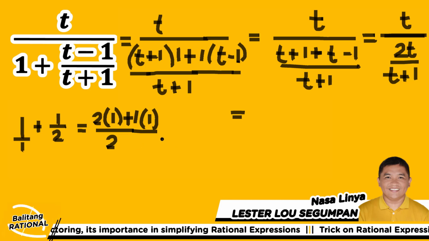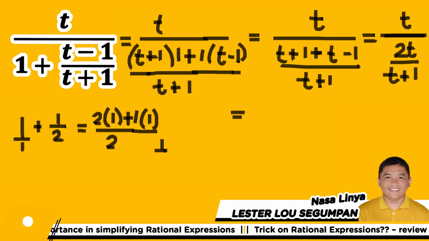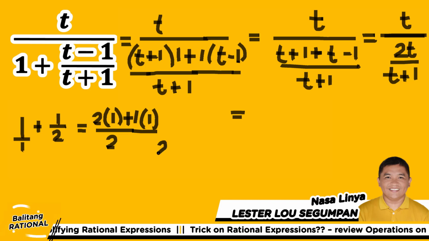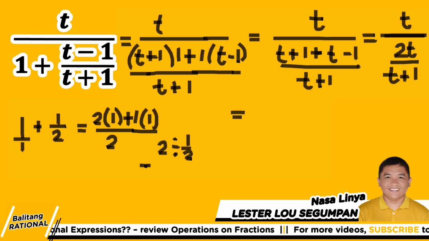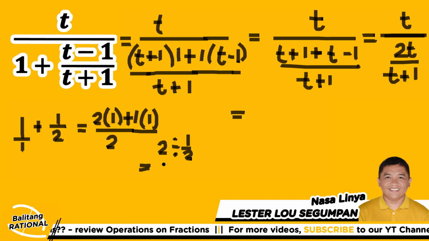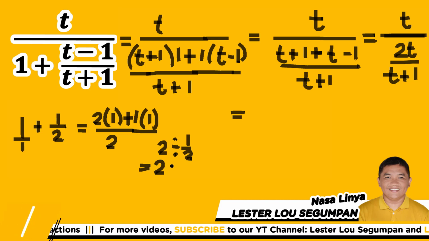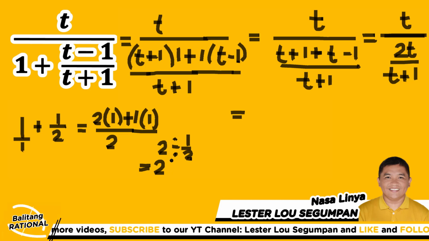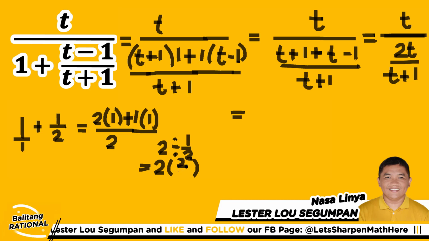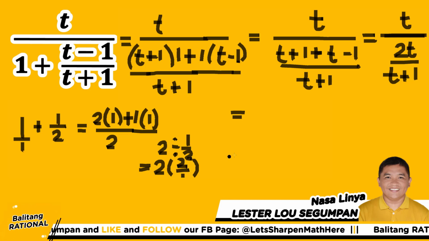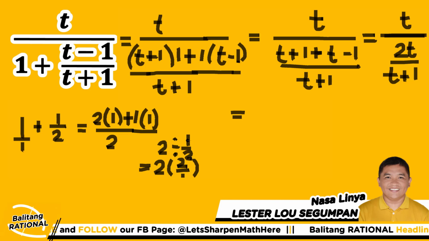Kagaya po ng when we are going to divide a certain number, let's say 2 divided by 1/2, yung gagawin pa rin dito is we will be applying the keep, change, flip method, where we keep the numerator or the dividend. Instead of division, we're going to change the operation to multiplication, and we are going to flip or reciprocate our divisor, 2 over 1. That's why it's called keep, change, flip method.